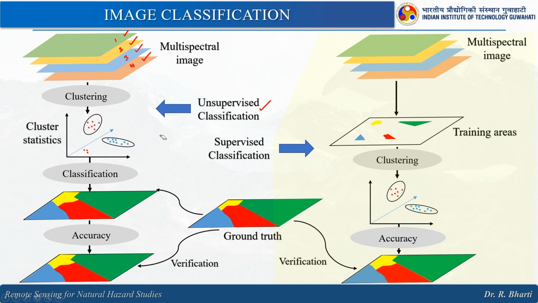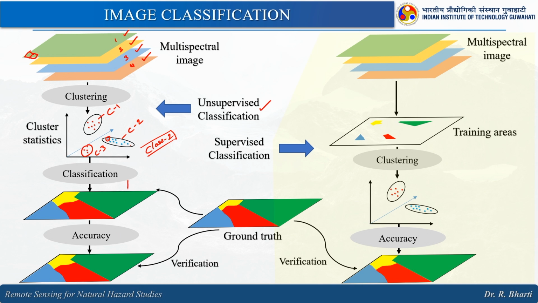So, let us say this is class 1, this is class 2, this could be class 3. Here all the pixels which are in this particular cluster will be named as class 2. This is how we are going to provide a class or category to each pixel of this image, right. So, this is called classification.